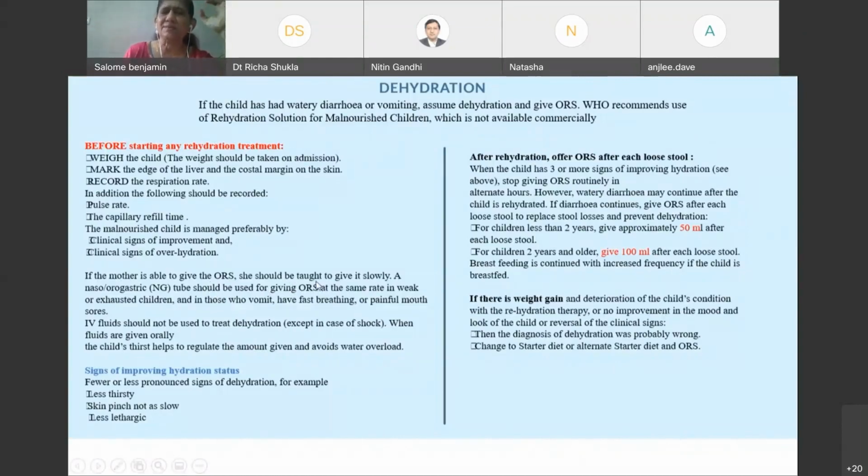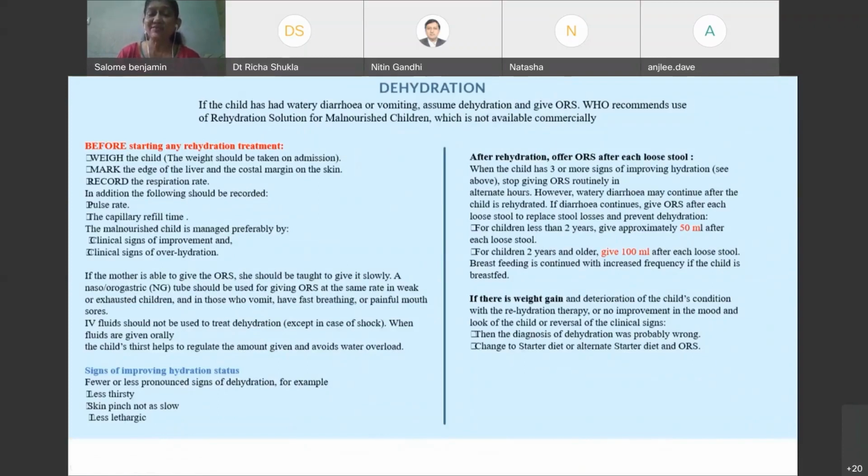Remember, the commercially available ORS is not to be used for SAM children. If you want to use that, you need to dilute it. The sachet which we generally dilute in 1 liter for diarrhea and dehydration should be diluted in 1.5 liters. These are the practical tips I am giving you. That's how you will dilute it, because their kidneys are not functioning and their sodium potassium pump is shut down.